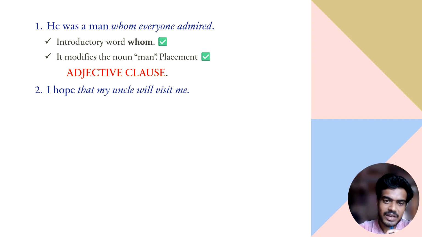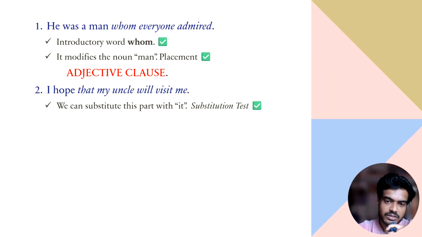It says, I hope that my uncle will visit me. We can do the substitution check here. We can replace this entire clause, that my uncle will visit me, with the word it. I hope it.